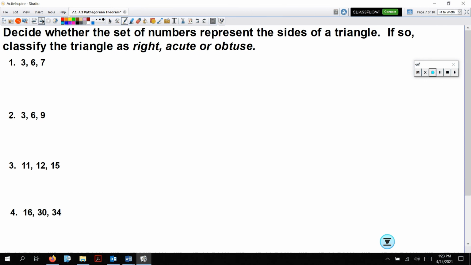All right, so first off, let's not forget what defines a triangle, okay? The two smaller sides added together must be greater than the third side in order to even be a triangle. So you always want to check if it's a triangle.